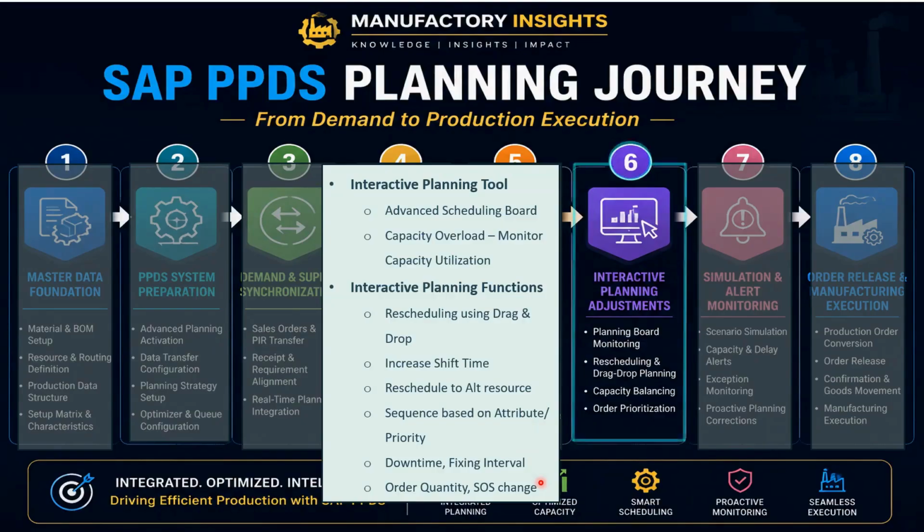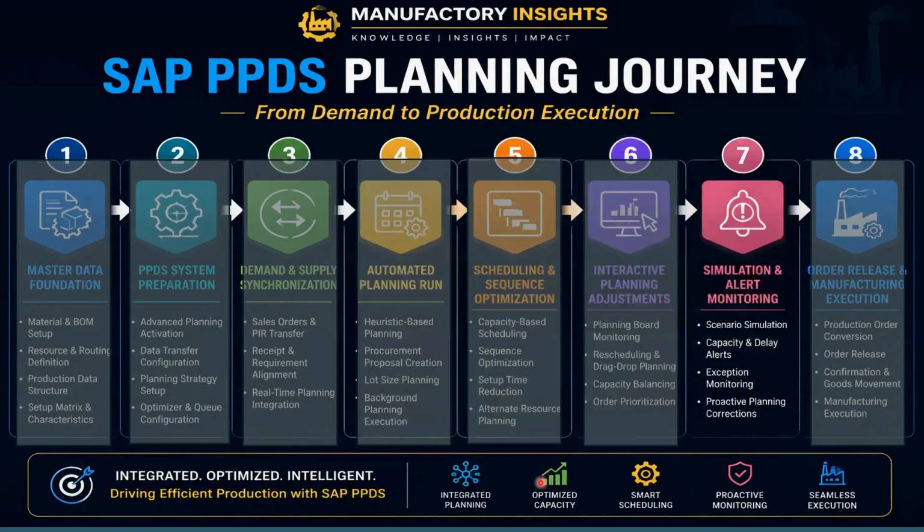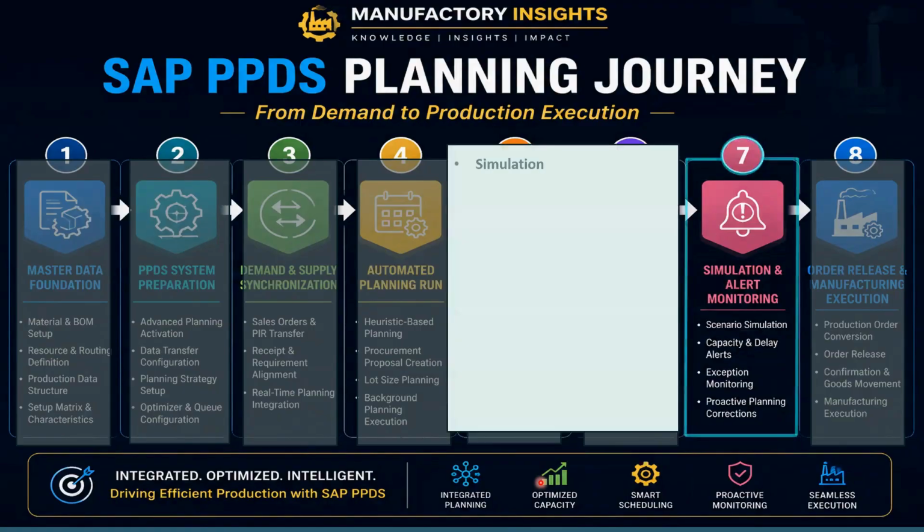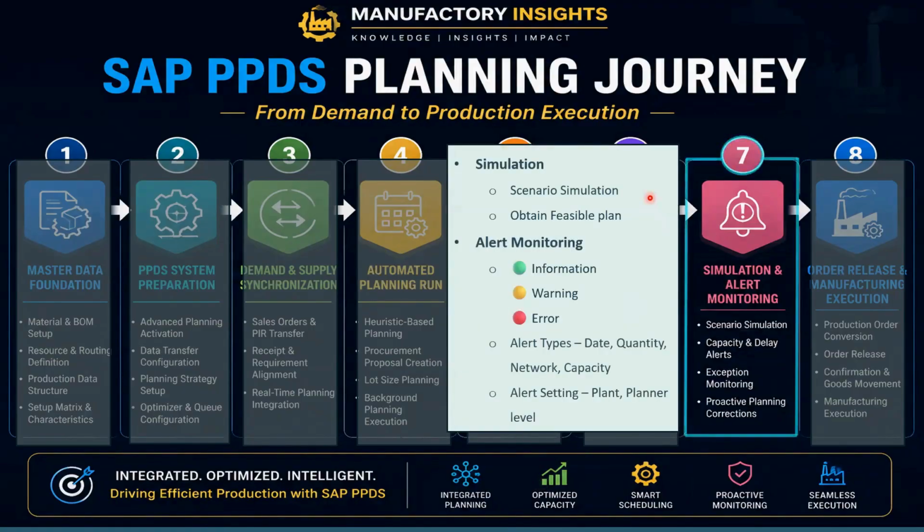With this information, moving to the next section, a very important one, that is simulation and alert monitoring. While optimizing the plan, the planner can end up with multiple variations, that is the simulation versions.